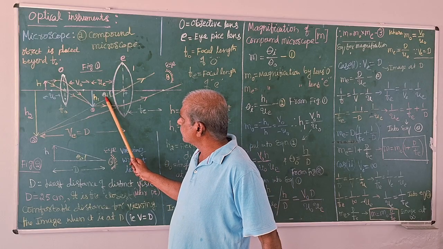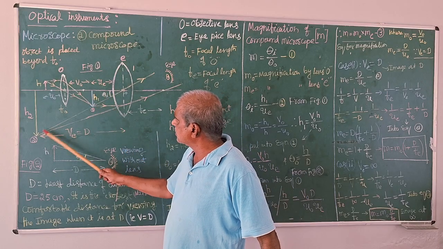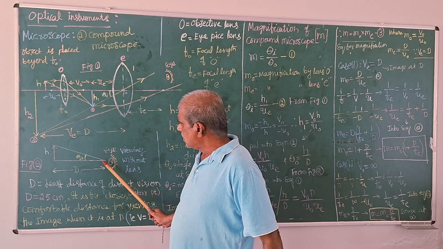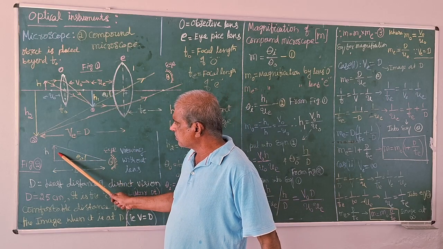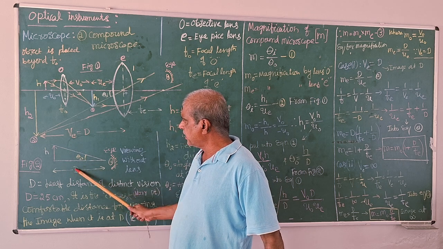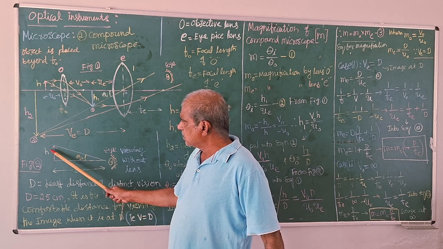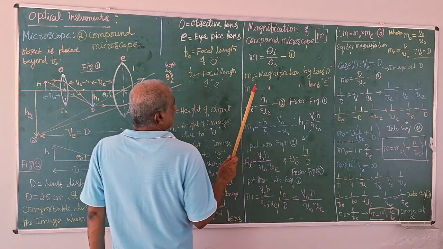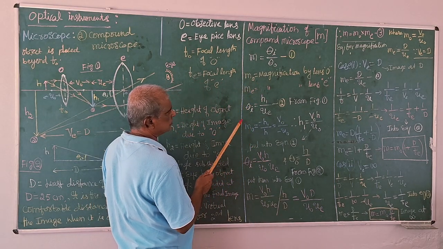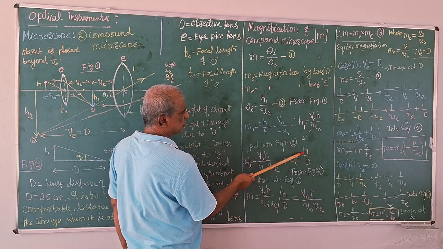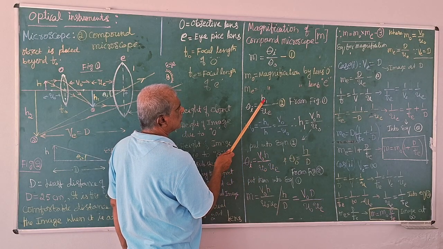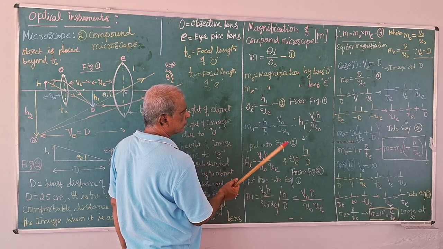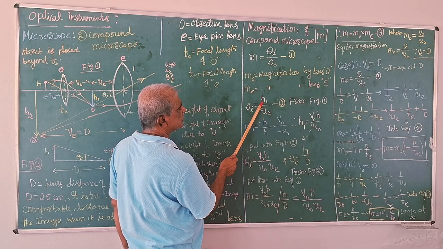Theta I is the angle subtended by the image at the eye through the microscope. Here, the angle subtended at the eye by only the height of the object, no magnification, is h by D. Tangent of this is h by D, or theta naught equals h by D. This is how we get this. Theta naught equals h by D, and theta I equals h1 by uv, from figure 1 and figure 2. Now let us find out what h1 is.